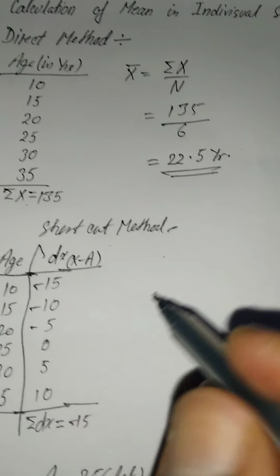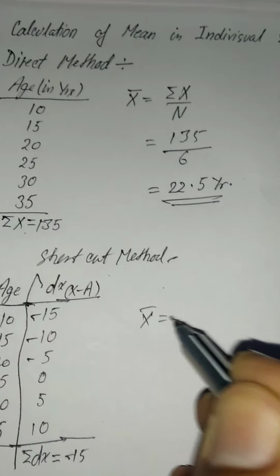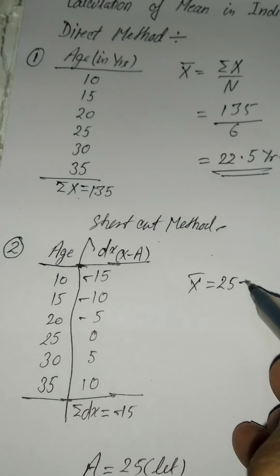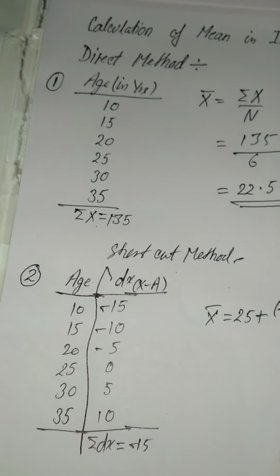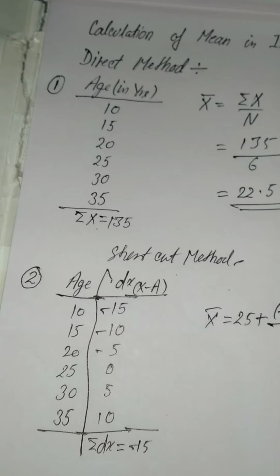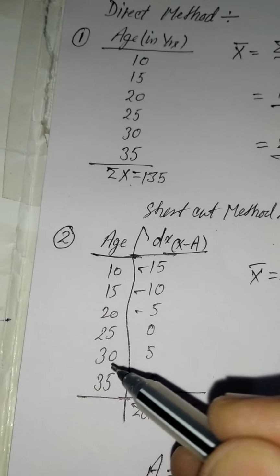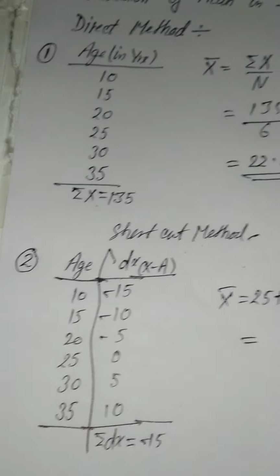Then put the values in the formula. So x bar is equal to, a means 25, plus sigma dx, the value is minus 15, divided by total number of items 1 2 3 4 5 6, that will be 6.